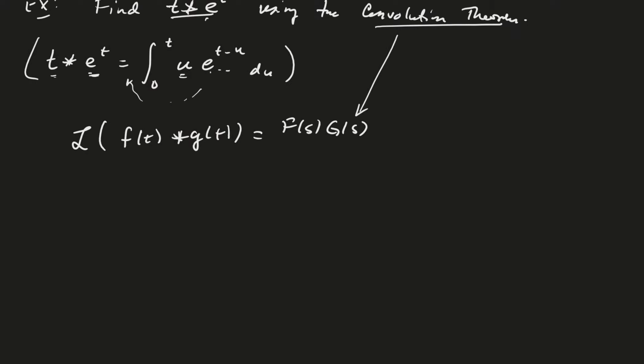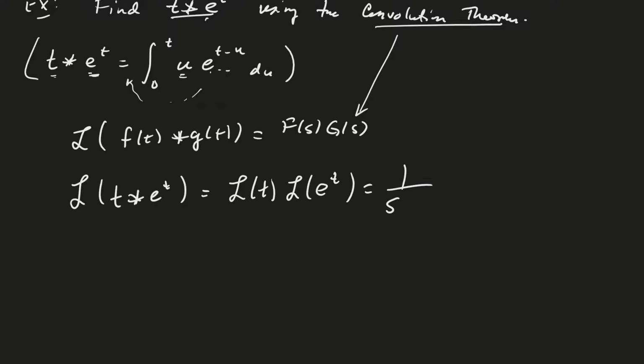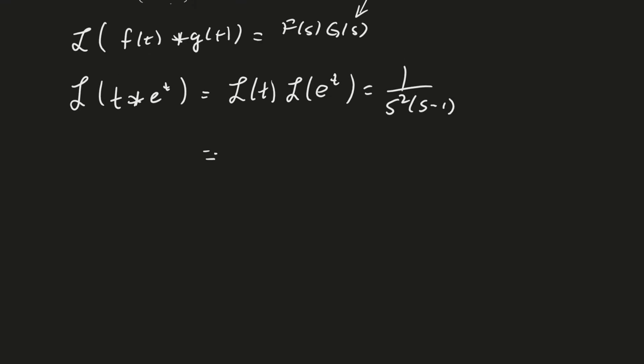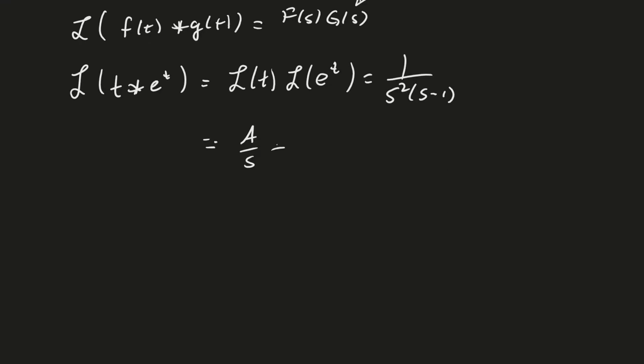And so therefore, if I take the Laplace transform of t convolved with e^t, I'll get the Laplace transform of t times the Laplace transform of e^t, which is 1/s^2 times 1/(s minus 1). Now notice that we can rewrite that using partial fractions.